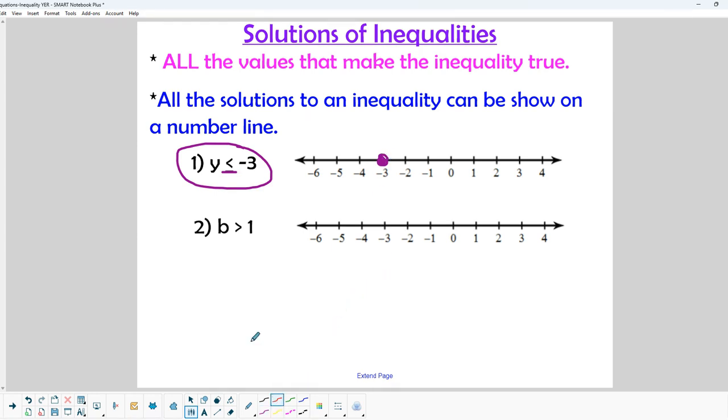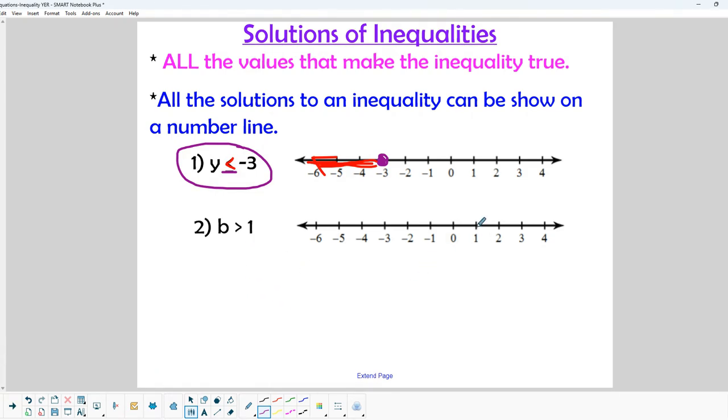And it says that y is less than this number, so I'm going to put an arrow on there to show that this represents all the numbers to the left of -3.